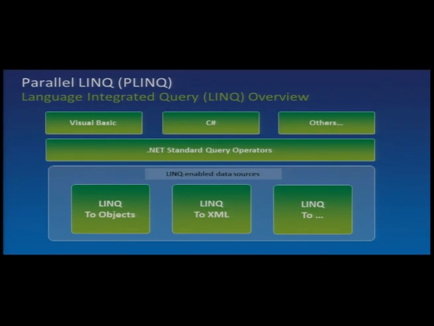And you can use the same operators to query SQL data, XML data, or data that's in memory, that's LINQ to Objects. And LINQ to Objects is the LINQ flavor that is relevant for parallel LINQ, because parallel LINQ is basically just the multi-core version of LINQ to Objects.